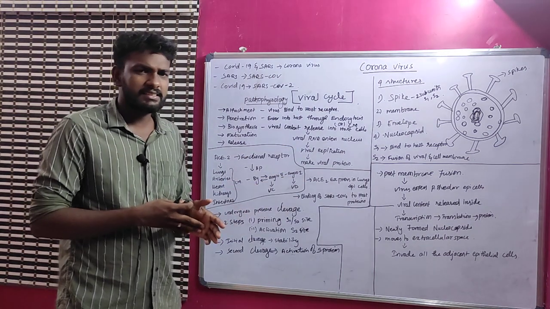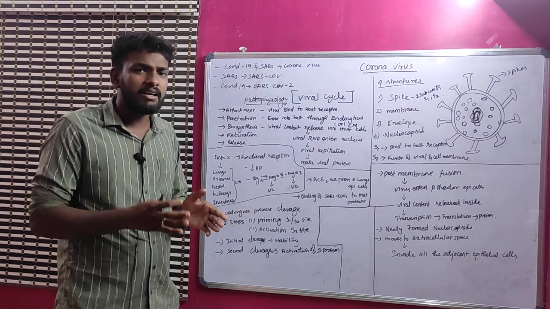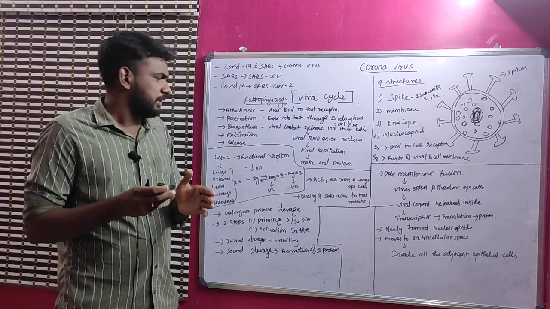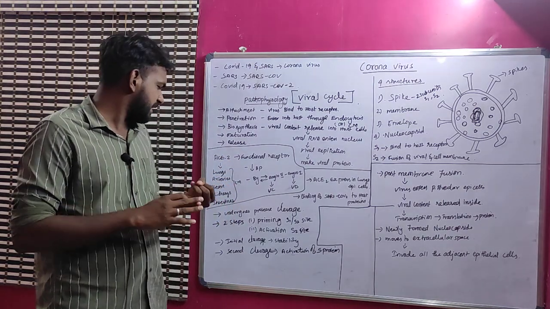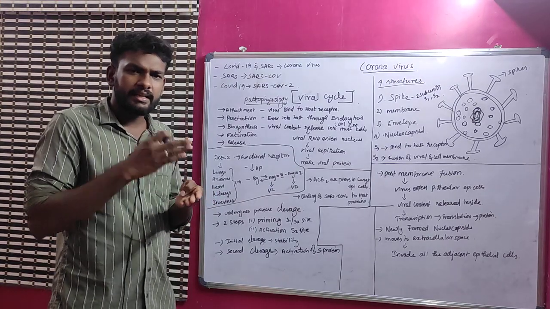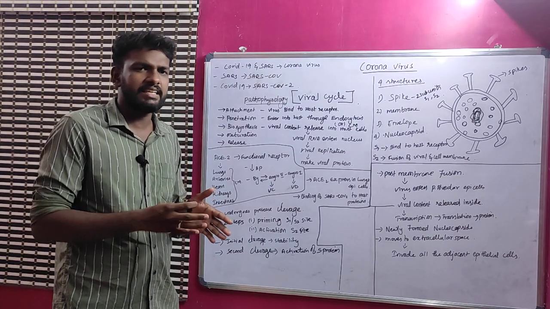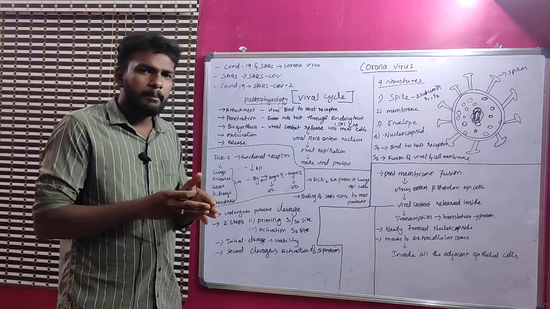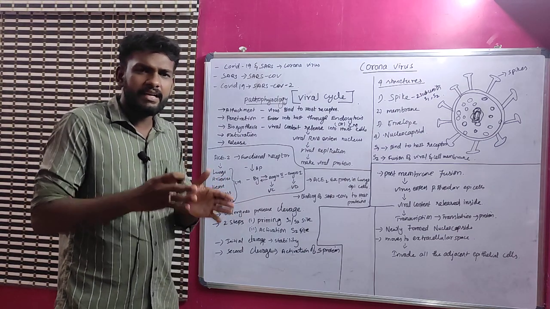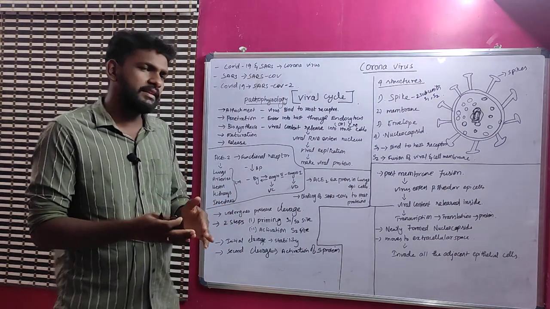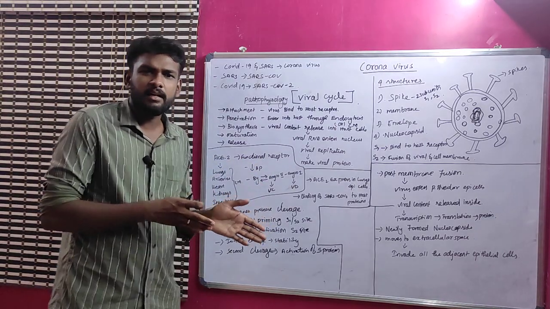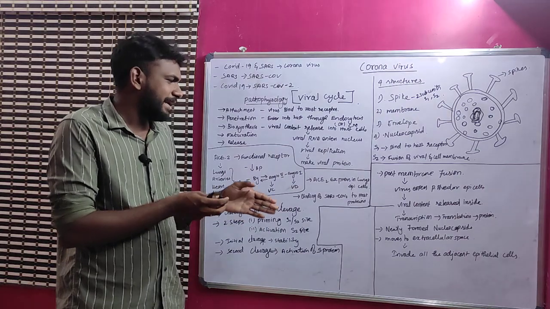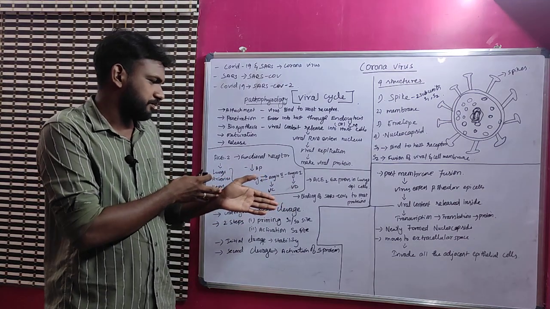The main thing is angiotensin converting enzyme 2, which is the functional receptor found in the lungs, arteries, heart, kidneys, and intestine. It plays a crucial role in the pulmonary system and is expressed in the pulmonary epithelial cells.